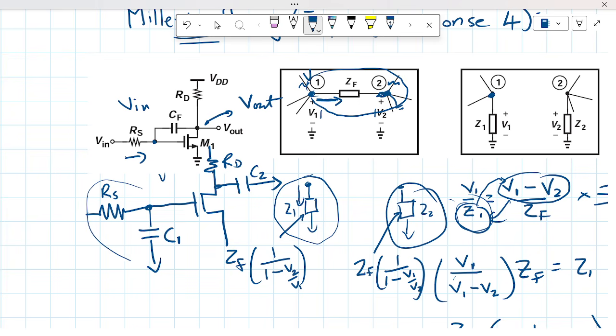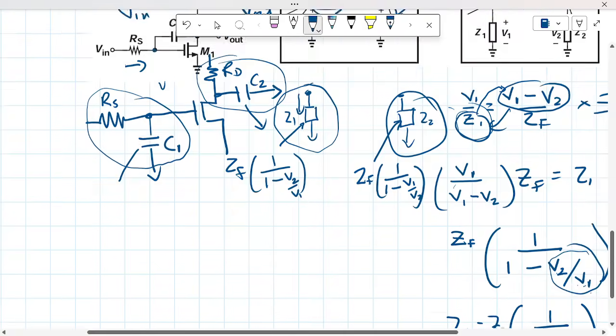So I can find the poles at these two nodes in this case. What would be the value of C1 and what would be the value of C2?